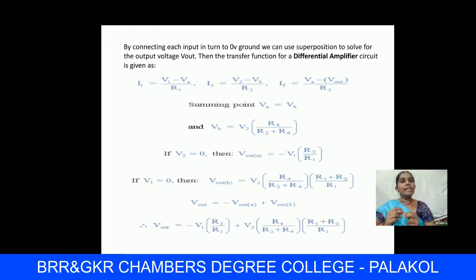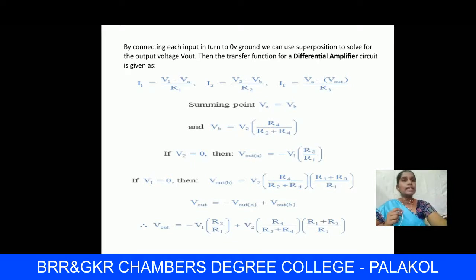VA is the node we have considered. So depending upon the node current, we find I1 is V1 minus VA divided by R1. This is the current that flows in the R1 resistor.